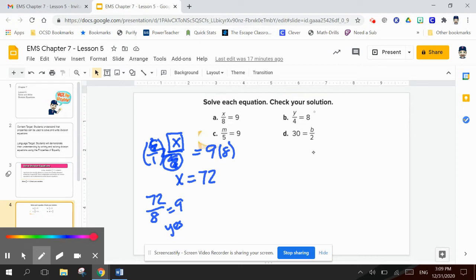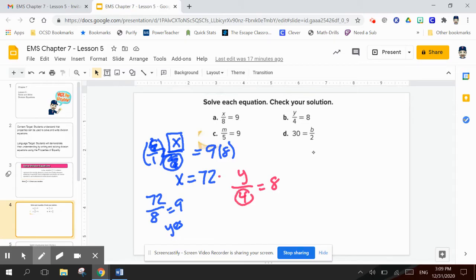If I look at letter B, y divided by 4 equals 8. Again, I'm going to multiply both sides by my denominator. So that's 4 over 1, and on this side, it's times 4. The 4s simplify before we multiply.